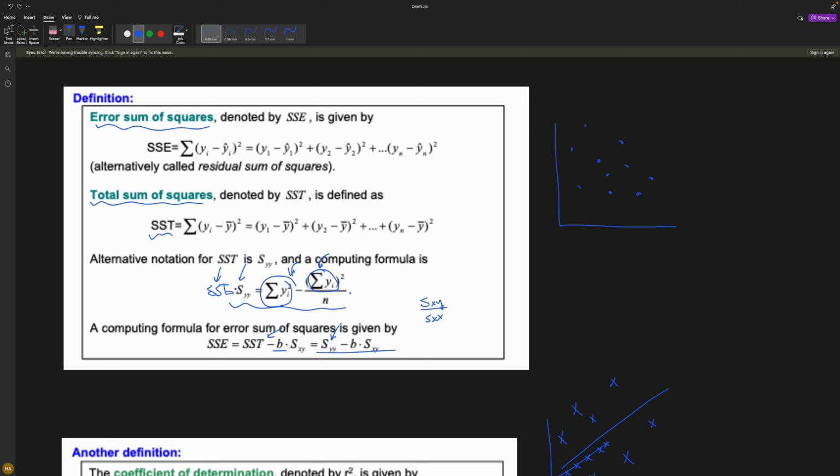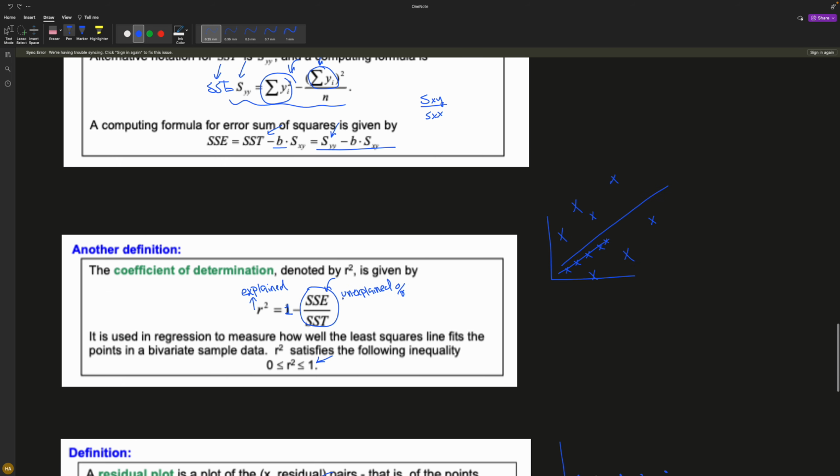If you divide your errors by the spread of your data, it tells you the percentage of unexplained data. Then if you subtract that from 1, it flips, so it gives you the explained data. So if you have 10% unexplained and I do 100% minus 10%, I'll get 90%, and that's my explained data. That's basically what we're doing with R squared.